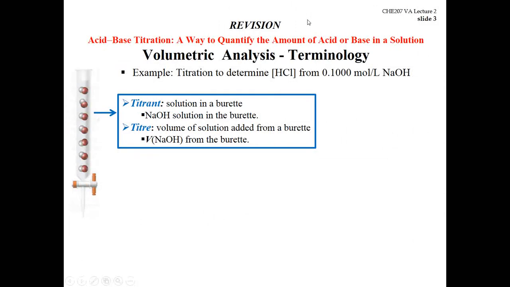Terminology as we have covered. This is revision: the solution in the burette is called titrant. So in our example, NaOH solution in the burette is a titrant. The volume from the burette is called a titre. So the volume of NaOH at the end of the titration is a titre.